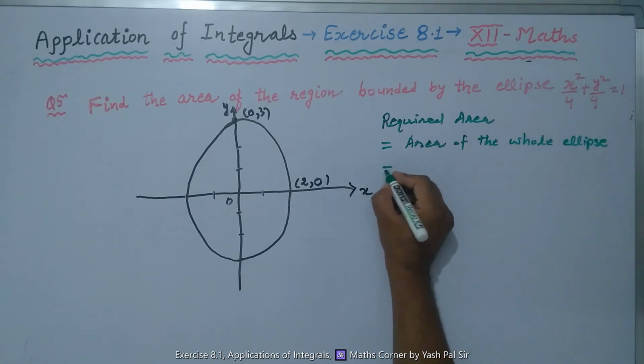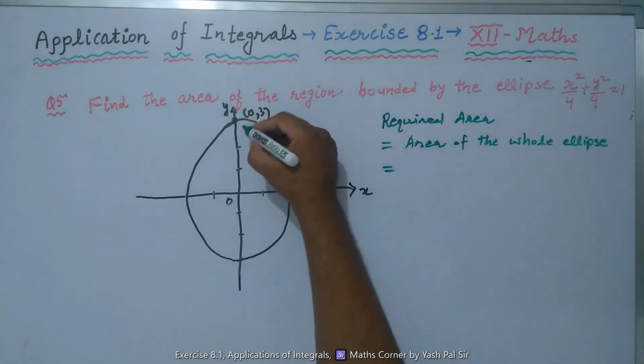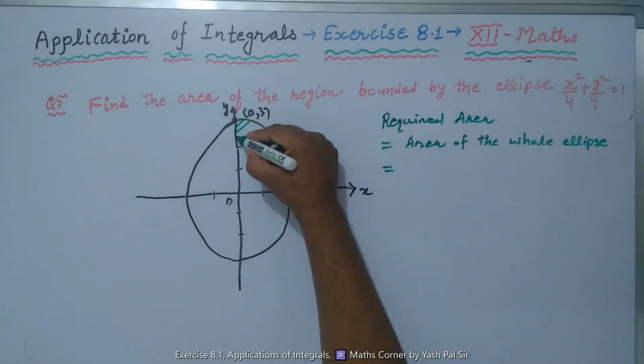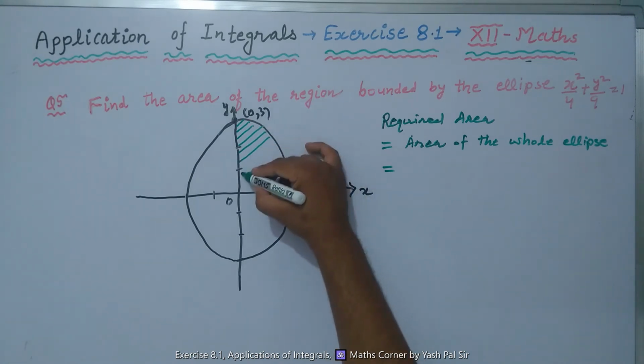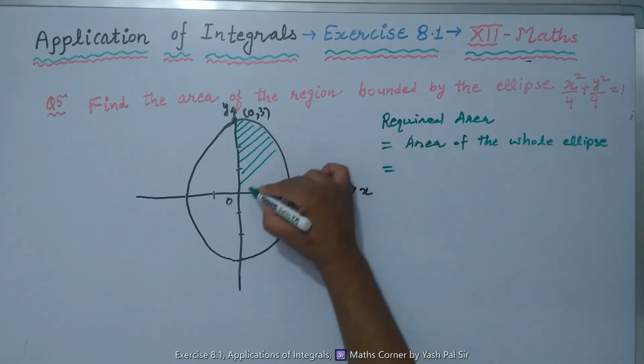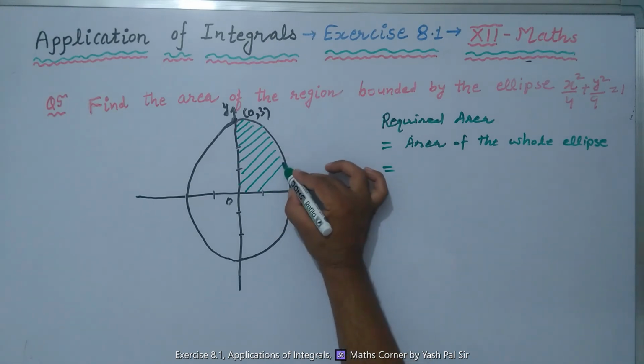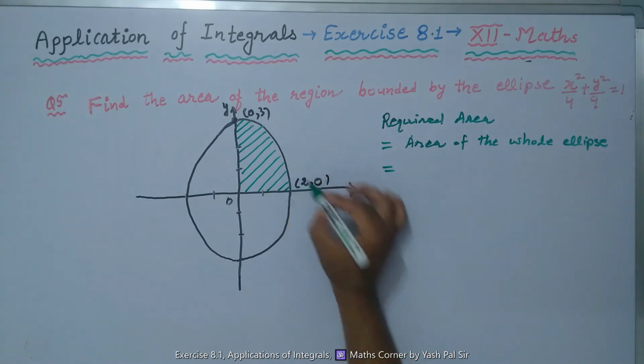So what we say here, this is divided into 4 equal parts. So we are just going to calculate the area of one part.